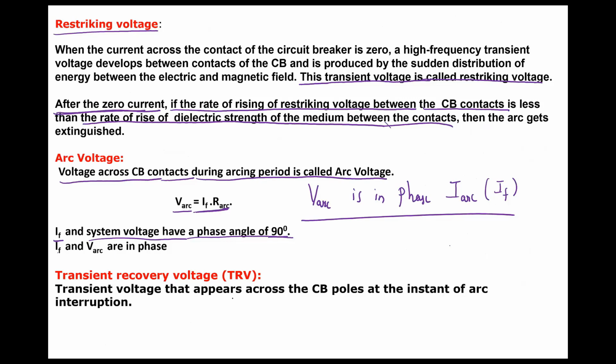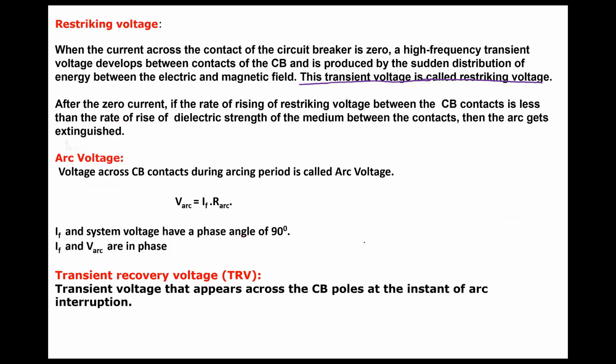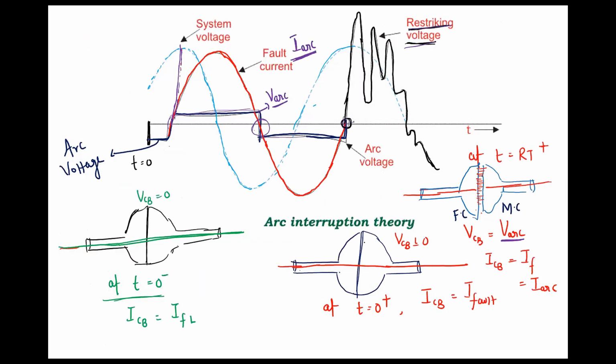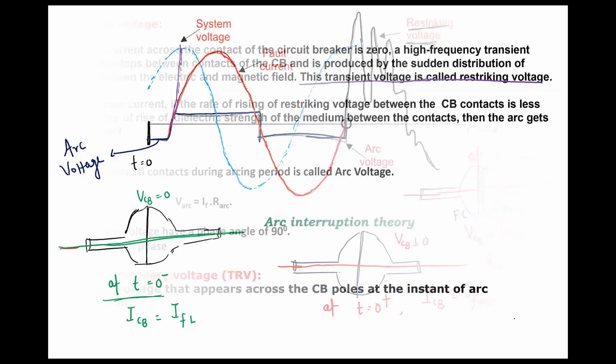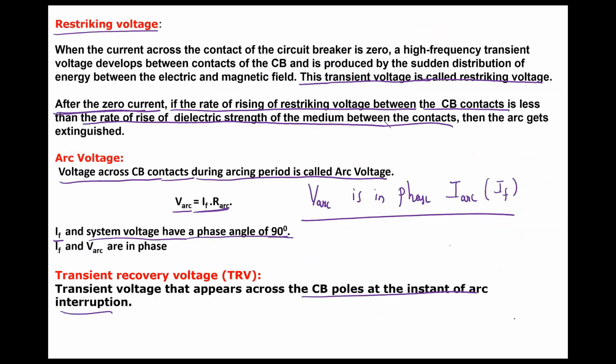So the next definition is transient recovery voltage. The transient voltage that appears across the circuit breaker poles at the instant of arc interruption, the magnitude of that transient voltage, is called transient recovery voltage.